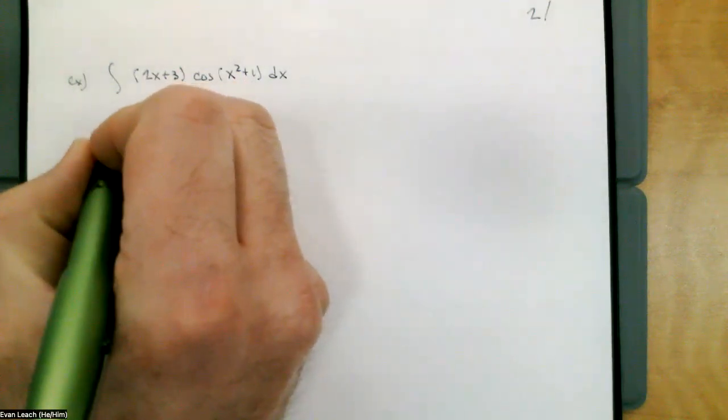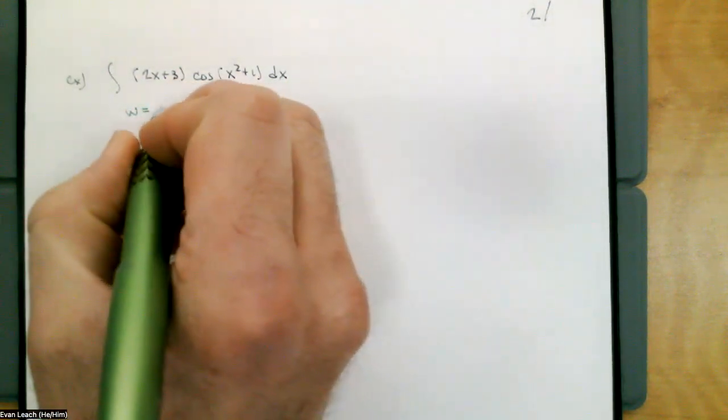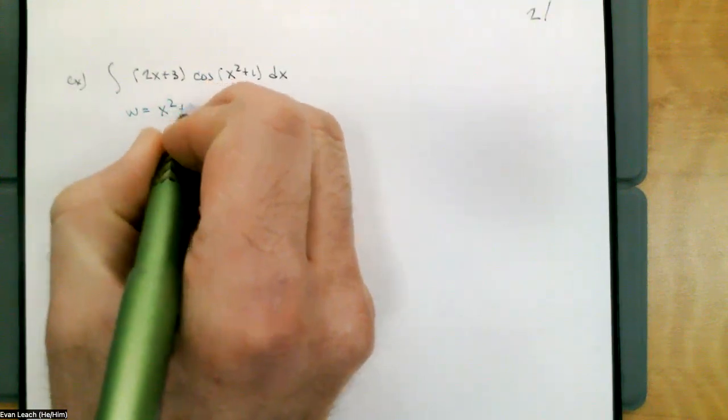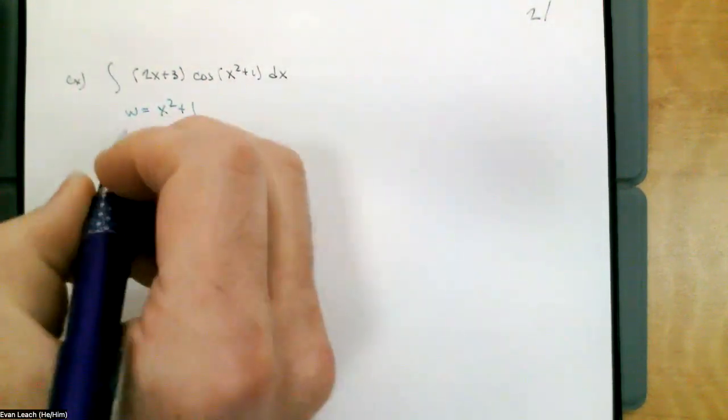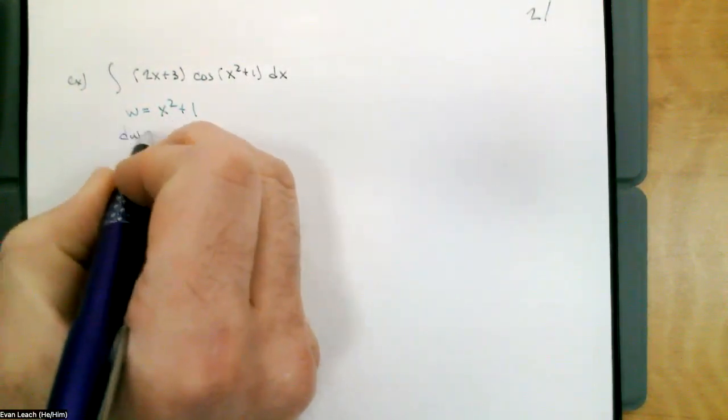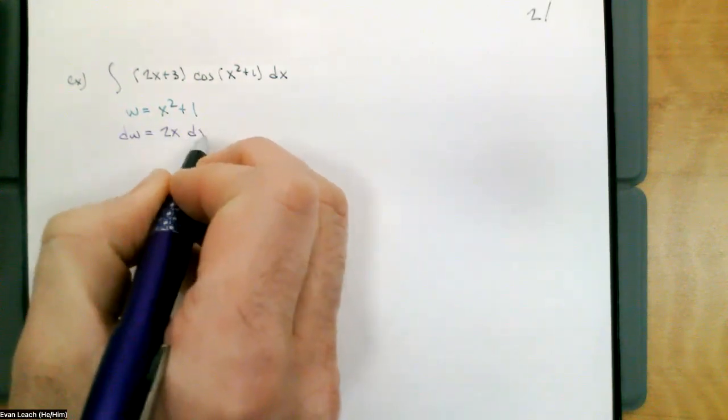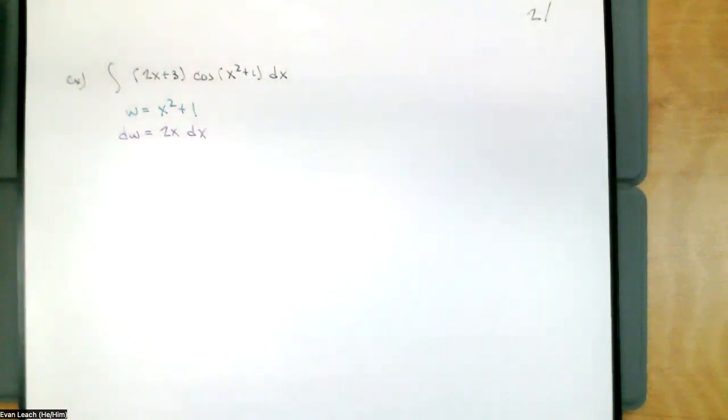So when we say w is equal to x squared plus 1, then what we need for our dw is a 2x dx. We can only be off from the 2x by a constant factor. In this case, 2x plus 3 differs from what we want for dw by a constant term.